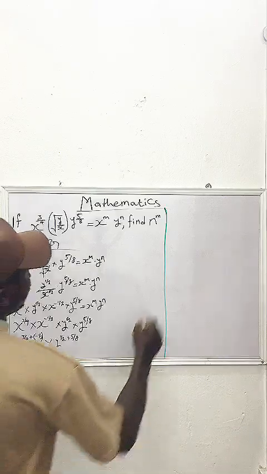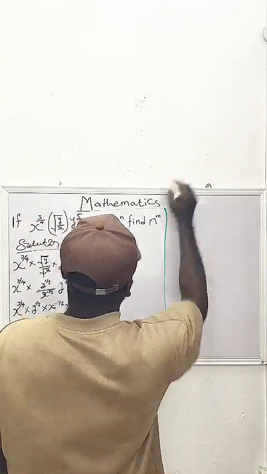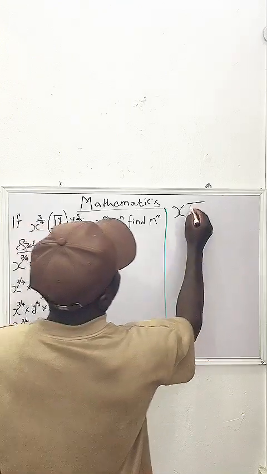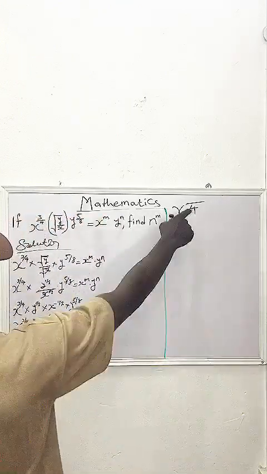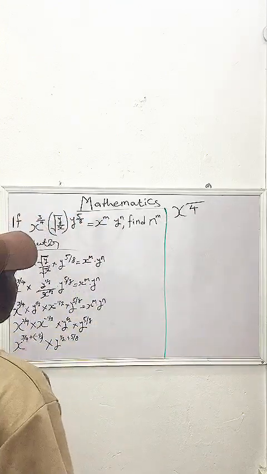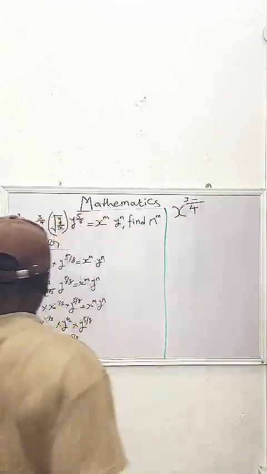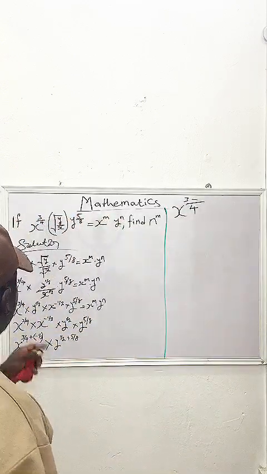So this becomes x raised to the power, the LCM of 4 and 2 is 4. 4 by 4 is 1, 1 times 3 is 3, minus 4 by 2 is 2, 2 times 1 is 2.